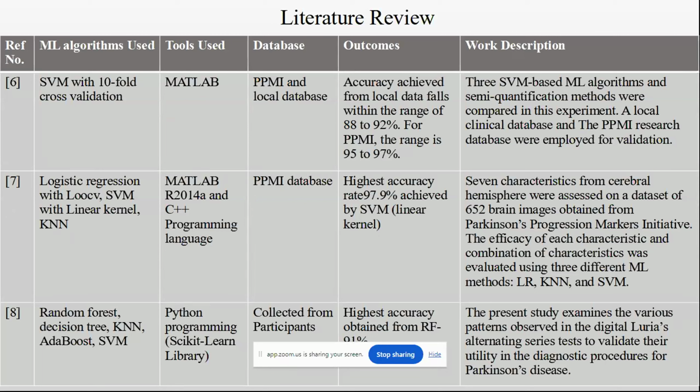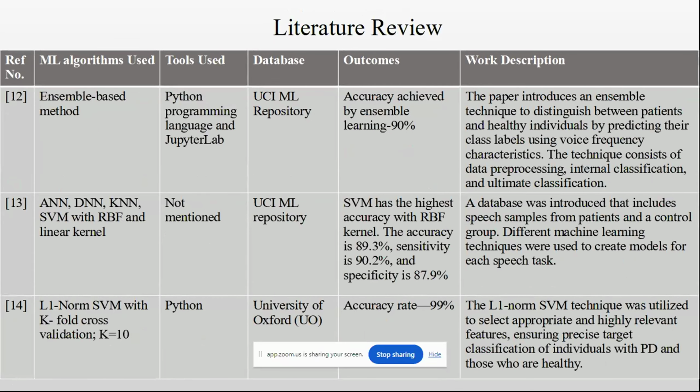The accuracy achieved was 97.9%, and an ensemble based method was implemented which achieved an accuracy rate of 90%, and KNN, DNN, and SVM were implemented on the UCI ML repository, which gave an accuracy of 89.3%.